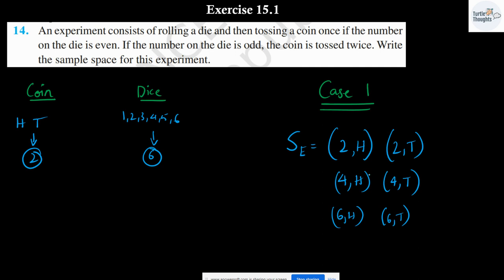So here the total sample space I have got is 6. Now these are not dependent. Why? Because if I get an even number only, then the coin is tossed one time. But if I get an odd number, then what will happen? The coin is tossed two times, or twice, right?